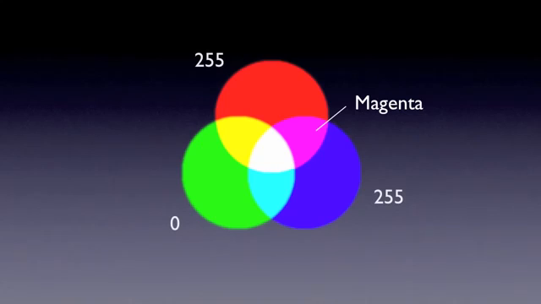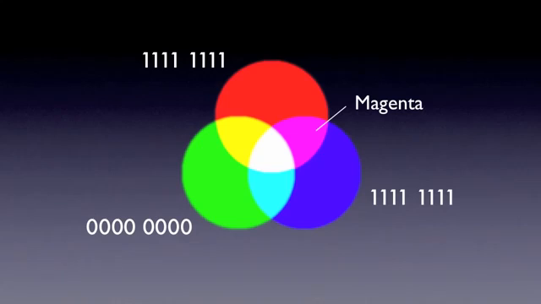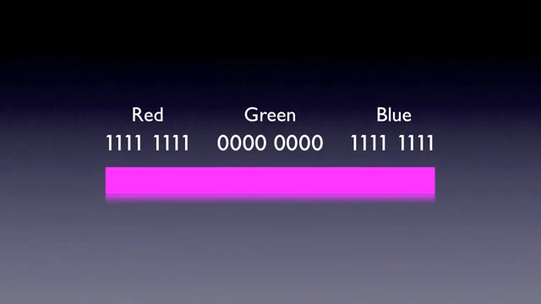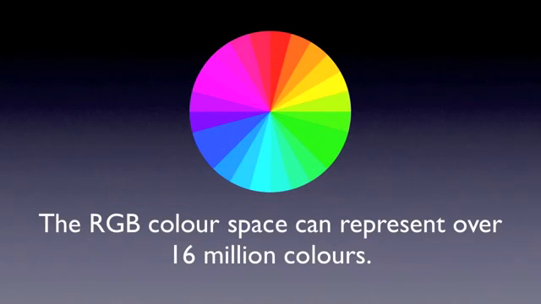The intensity of each of the components becomes a number between 0 and 255. We already know we can represent numbers using binary, so almost any colour can be represented using just 3 bytes, one for each component, red, green, and blue. In fact, the RGB, red, green, blue, colour space can represent over 16 million different colours and shades.